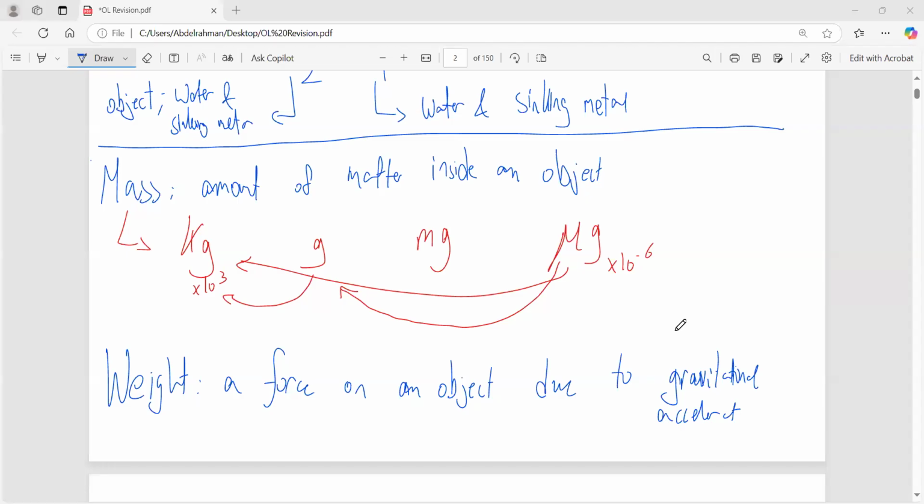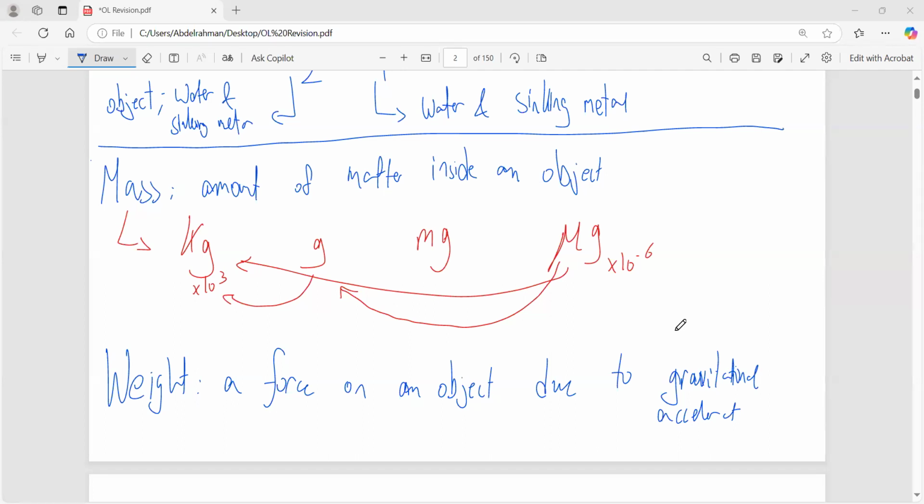But someone's saying mass never changes but weight changes due to gravity. That's quite kind of right, but I can't say that mass never changes. Why? Now I have this hot cup of coffee. What's happening to the water inside the cup? It's evaporating.